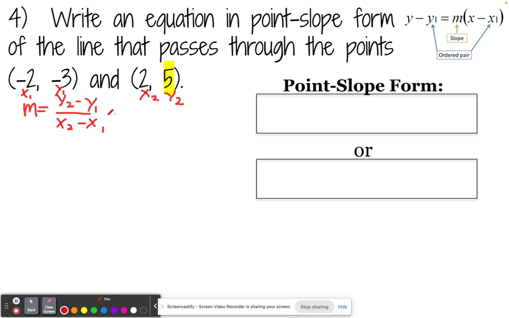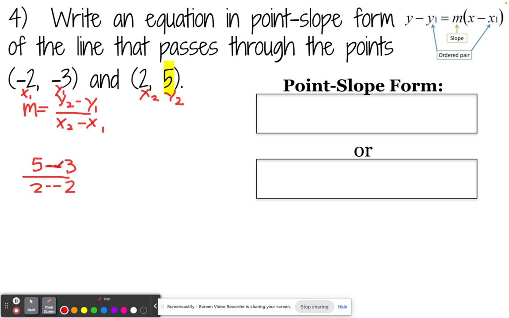So, negative 3. Oh, no, I said y2 is 5. 5 minus negative 3 over 2 minus negative 2.